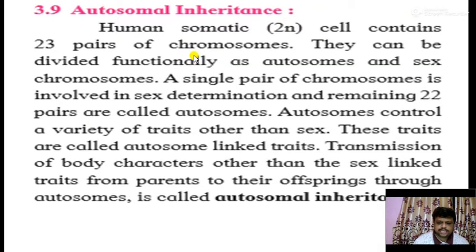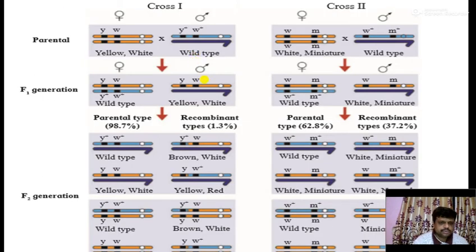And he found in this cross the recombination was only 1.3%, because in this particular cross the genes were tightly located on the chromosomes and were unable to cross over. So because of this reason the recombination was very less, that is 1.3%.